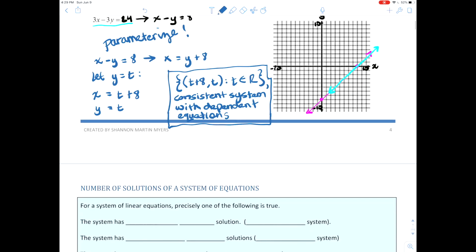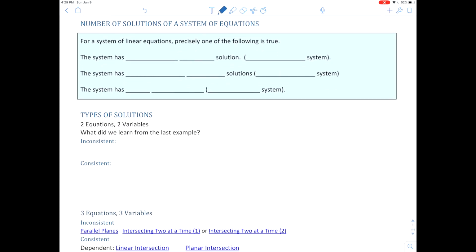Awesome. All right. So, number of solutions of a system of equations. For a system of linear equations, precisely one of the following is true. This system could have exactly one solution, like the first example. This system would be consistent. The system has infinitely many solutions. That's like the last part C that we did.